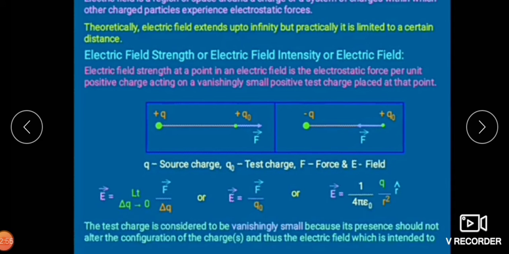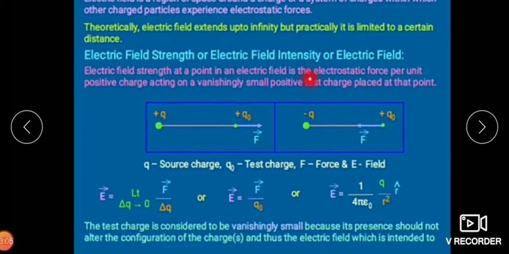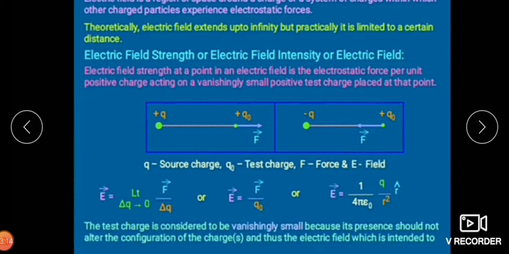Electric field intensity, which gives us the strength of the electric field, is defined as: the electric field strength at a point in an electric field is the electrostatic force per unit positive charge on a vanishingly small positive test charge placed at that point.